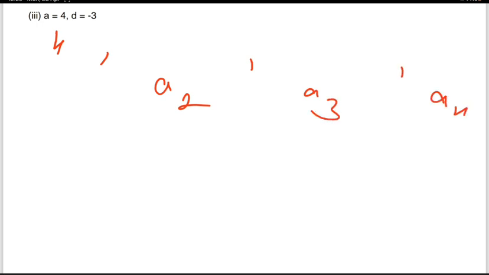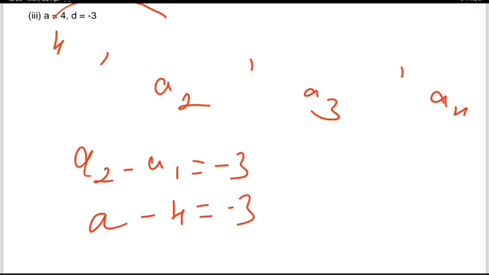Let's leave it as it is, and if you subtract A2 minus A1, I will be getting minus 3. You know only the first term, that is 4. So A2 minus 4 is equal to minus 3. If you take minus 4 to that side, you will be getting minus 3 plus 4, that is 1. So A2 is 1.